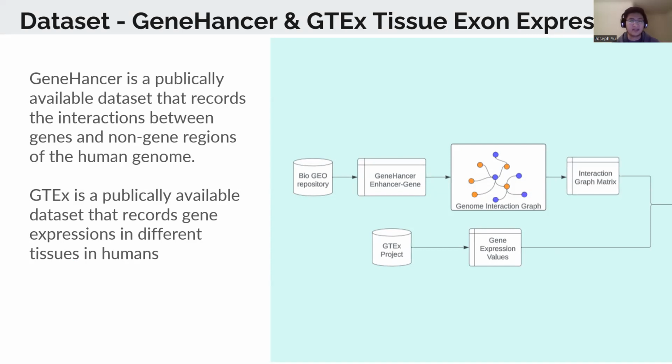The second one is the gene expression data from the GTEx project, which stands for Genotype-Tissue Expression Project, and contains the expression levels for each human gene in different tissues. Although for our project scope, we are only using the tissue levels from the human liver, we do plan on expanding this from liver to other tissues as the project develops.